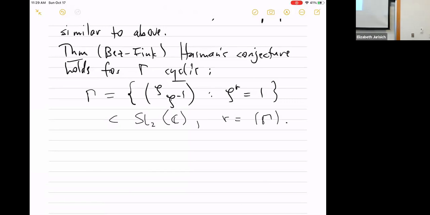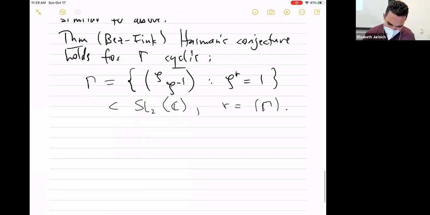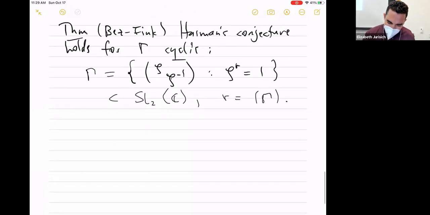So this was itself a major result, but didn't really answer the question of, what are these wreath objects? It's a very abstract geometric approach.